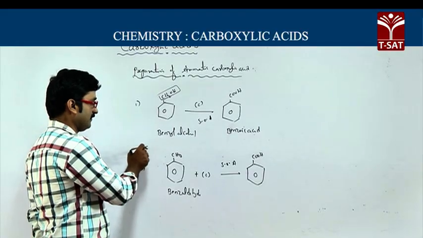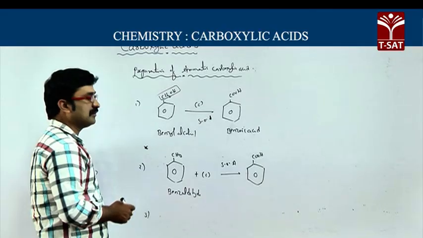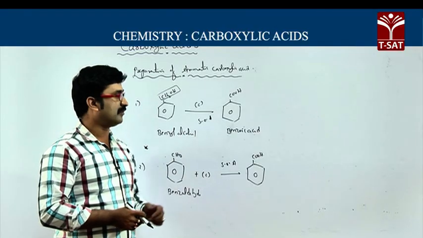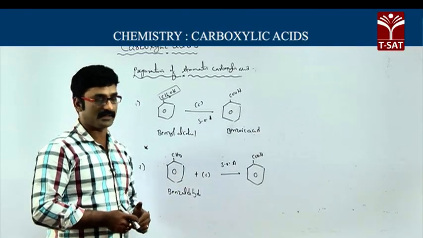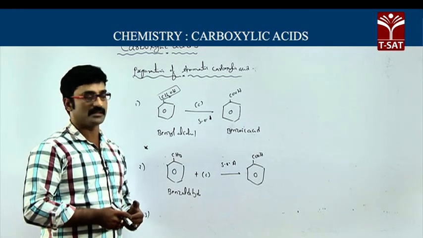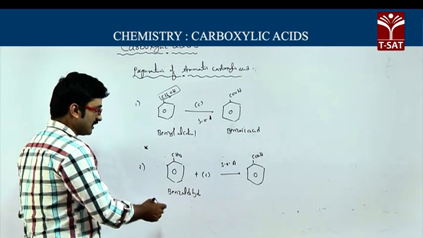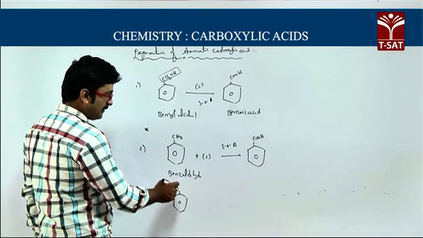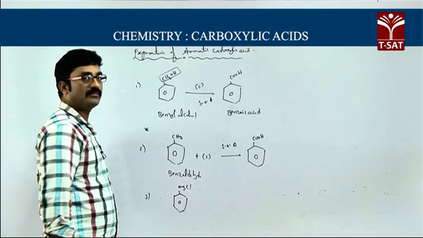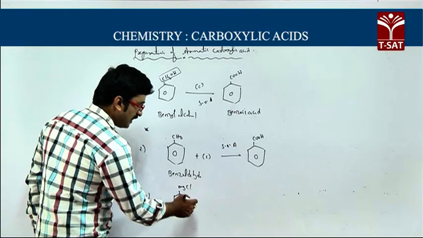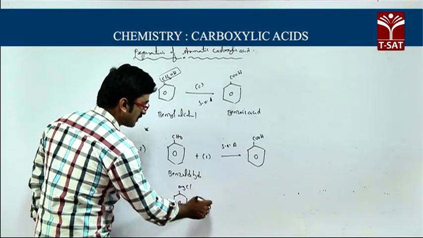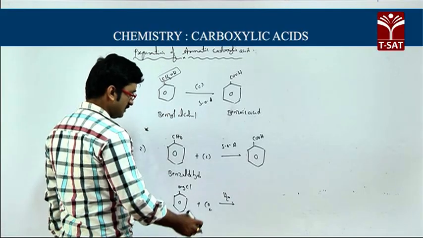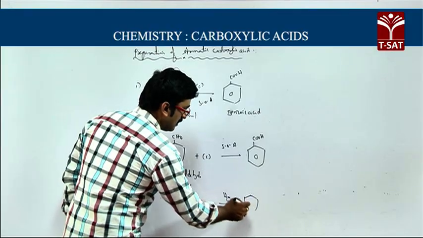Very important. Now the third one: carboxylic acids can be prepared from Grignard reagent and carbon dioxide, and that process is known as carboxylation. Here I am taking a Grignard reagent, phenyl magnesium chloride. Phenyl magnesium chloride on reaction with carbon dioxide, followed by hydrolysis, gives COOH on the benzene ring.